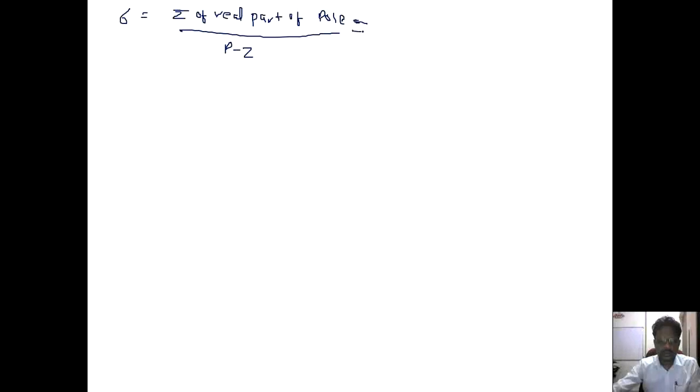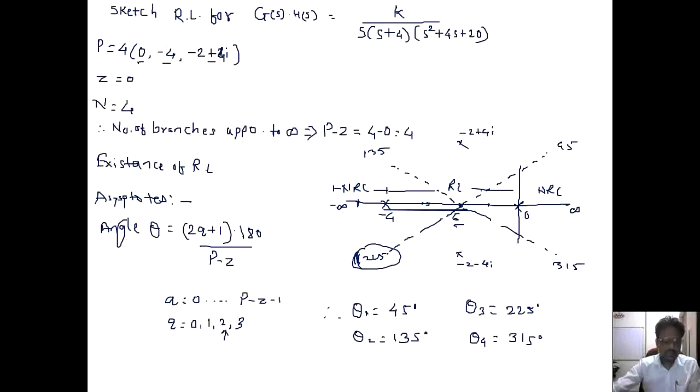So summation of real part of pole. Look at these values, 0, minus 4, and these are two values, minus 2 plus 4i and minus 2 minus 4i. So from these come out 0, minus 4, minus 2 and minus 2.